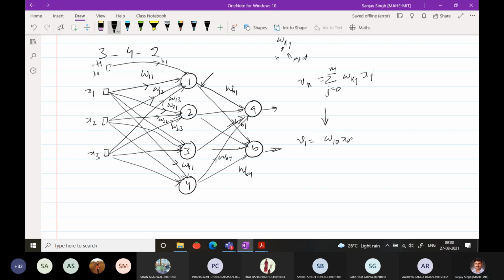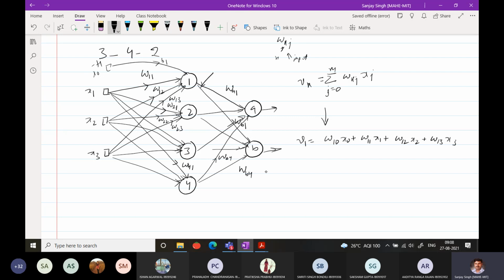So that is W10 x0 plus W11 x1 plus W12 x2 plus W13 x3. When I write this, all these weights which are getting input to here are taken into account.